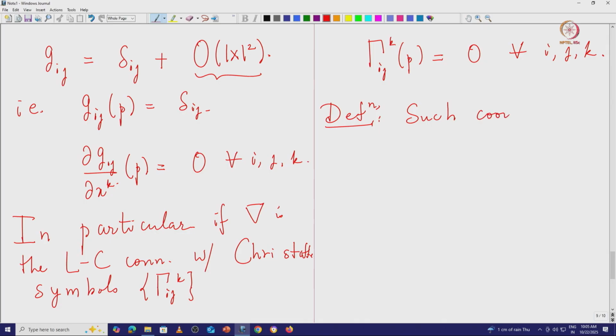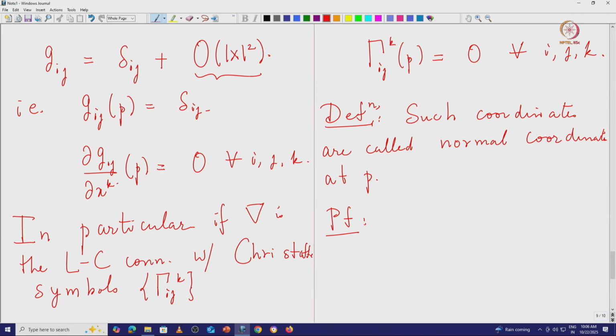Such coordinates are called normal coordinates at P. Okay. So the proof is actually by using geodesics and the exponential map.